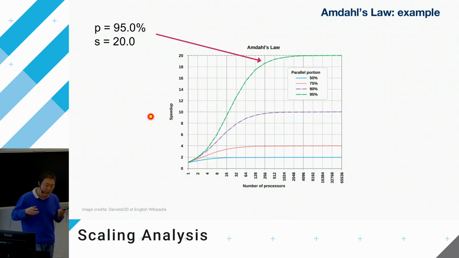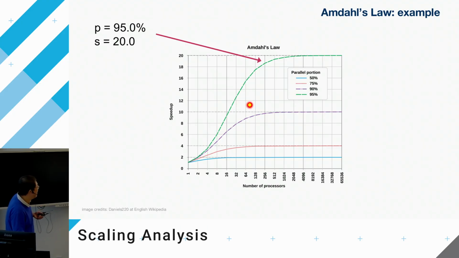I mean, 100 CPU cores, 10,000 CPU cores, even 100,000 CPU cores, you will always increase the speed up for your application, right? But in reality, this is not the case. So here is the plot of the so-called Amdahl's law.